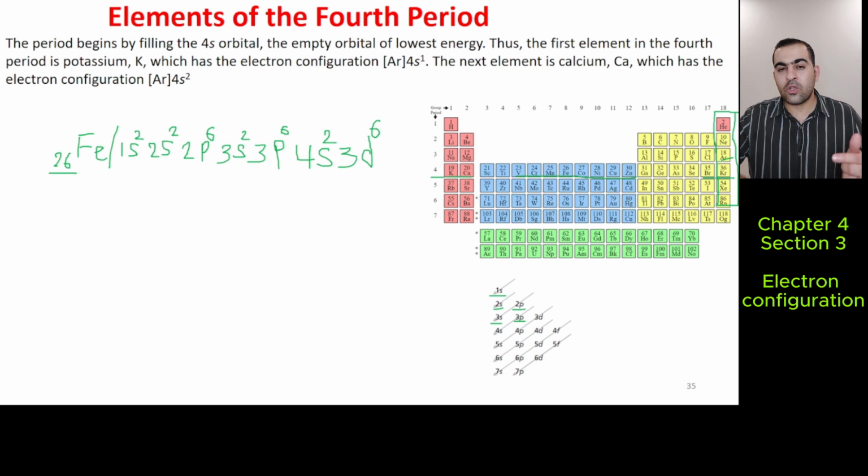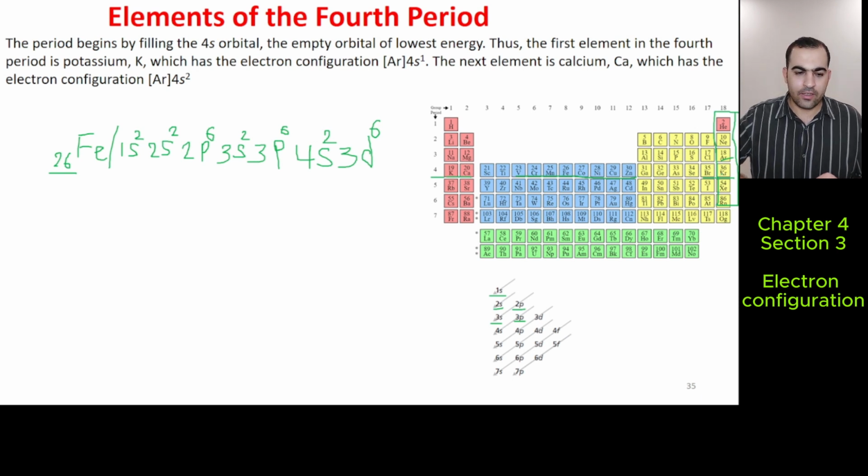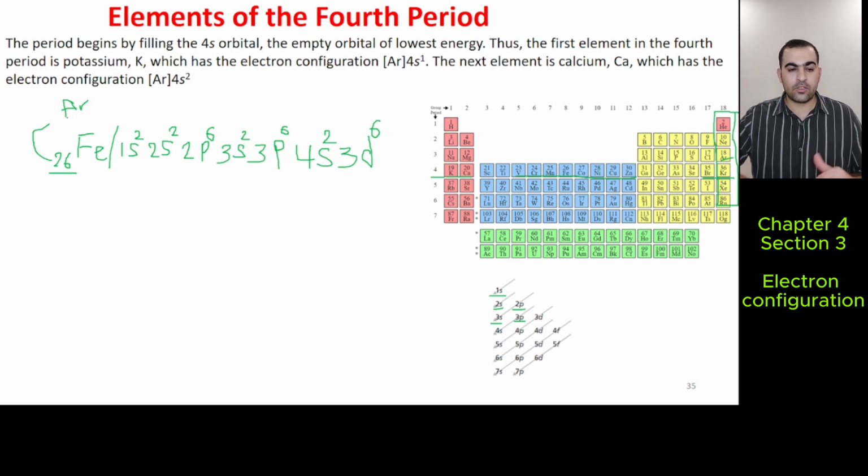Because it's less than and close to the electron configuration of iron, which is 26. So I'm going to choose argon. Its atomic number is less than 26 and it's close.